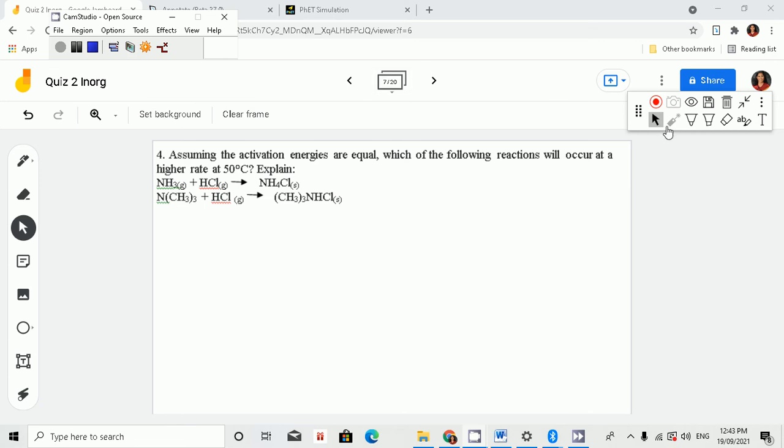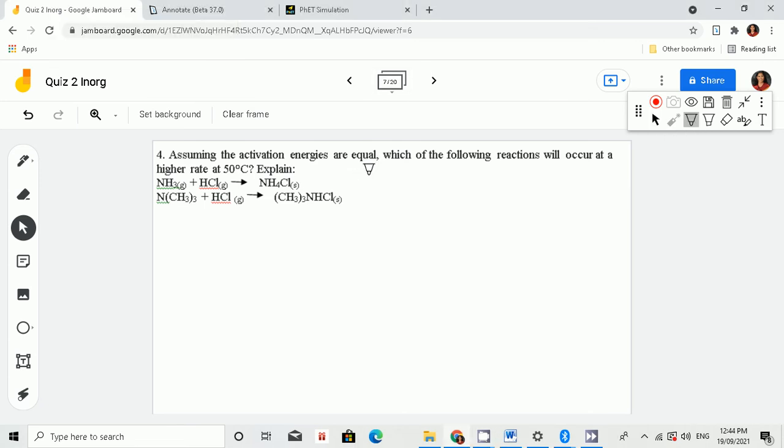In this problem, we know that activation energy affects the reaction rate. If we have higher activation energy, then we have a lower reaction rate.